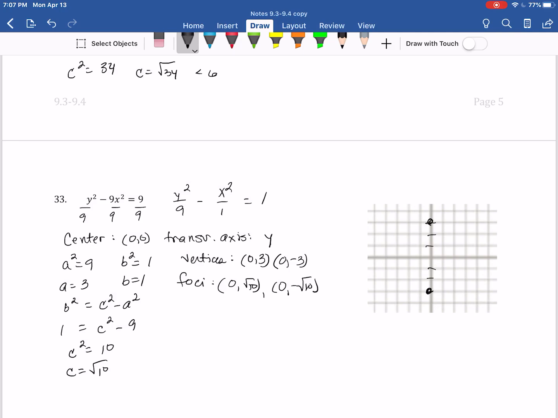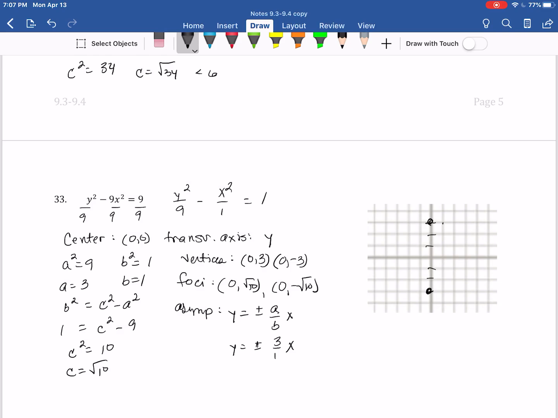What else do we need? The asymptote. The asymptote has general form y equals plus or minus a over b x. And we found a and b, so we've got y equals plus or minus, a is 3, b is 1, x.